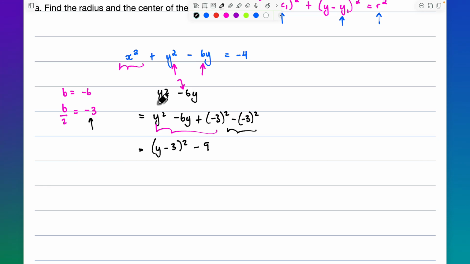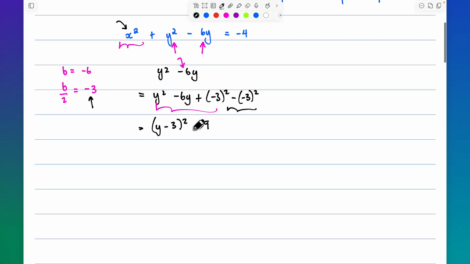Essentially, that's how we complete the square. The reason we don't need to do that for x is that there's no b term, so there's no other term to compress together with. So we can now rewrite our expression as x squared plus y minus 3 squared minus 9.